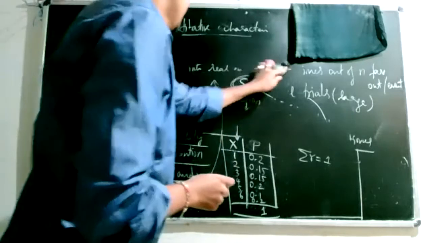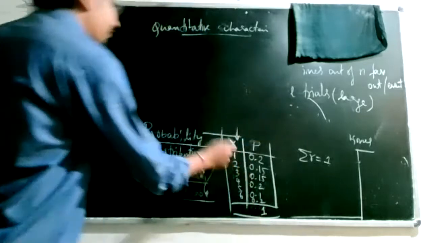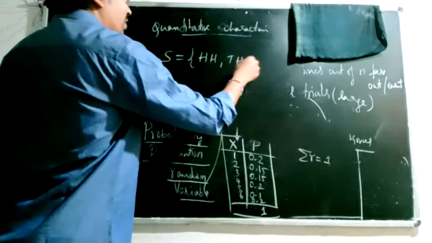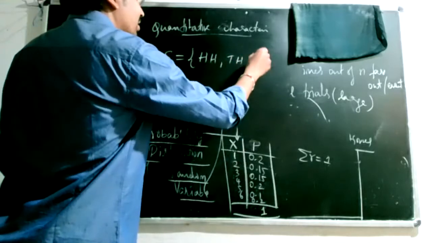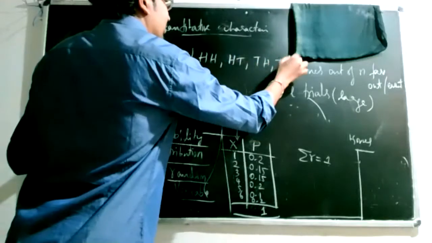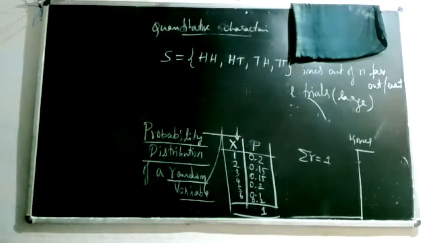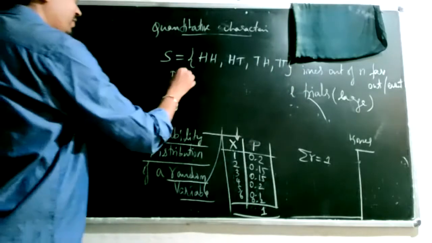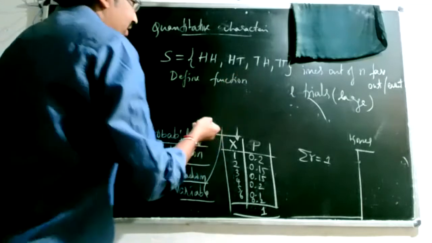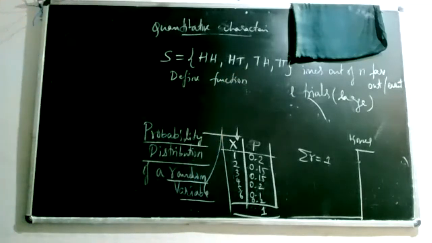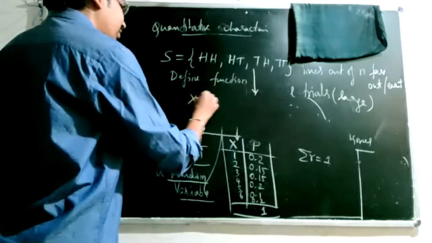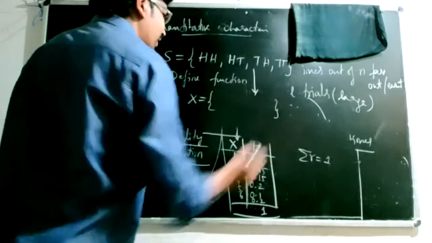Now let us understand how to create this x from the sample space. Let me take the good old example of observing the outcomes when I toss 2 coins. So this is my sample space. Now I have to define some function, as we say in the mathematical way, such that this will be easily converted into real numbers, say x.